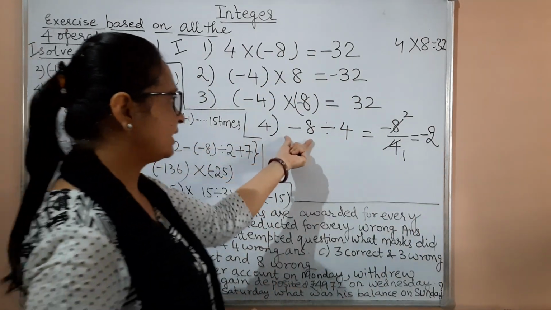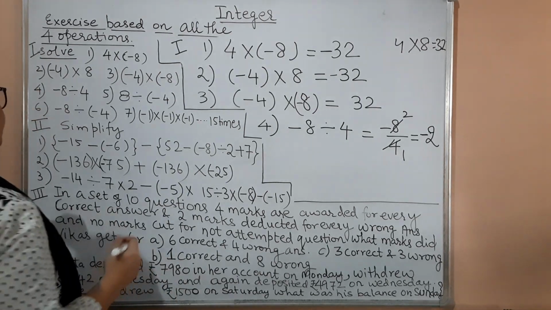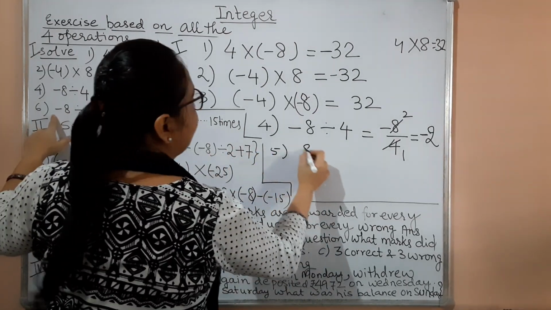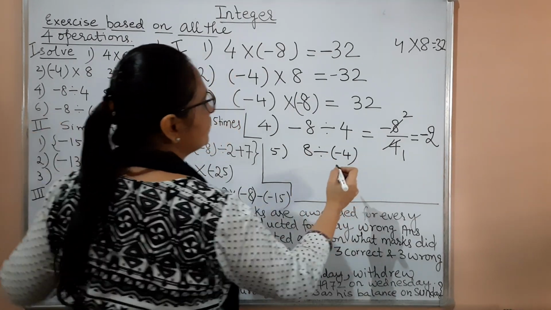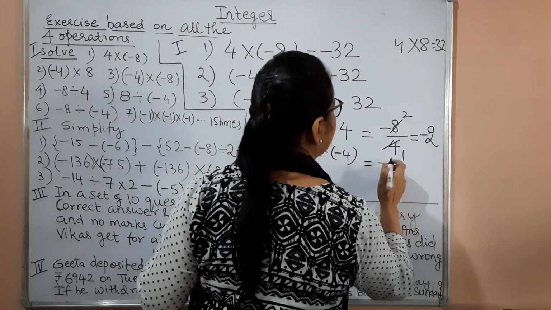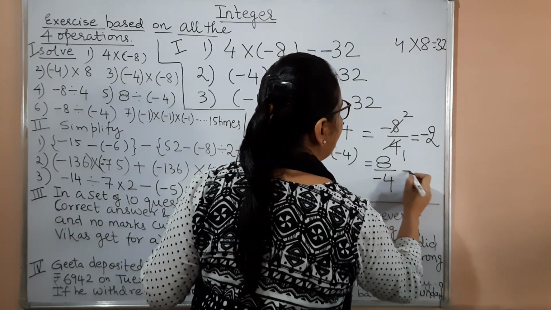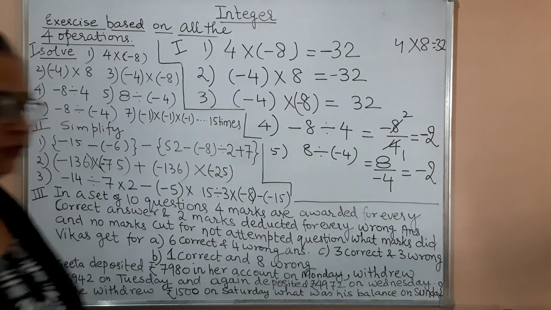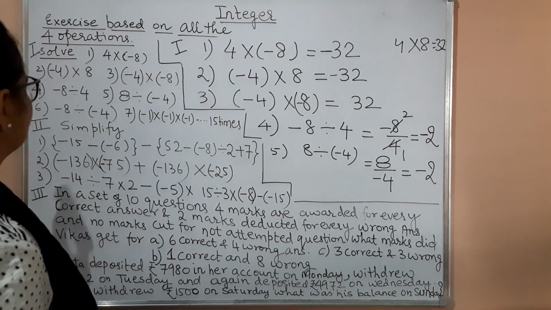If we have one negative and one positive, we have a negative result. Now the fifth one, 8 divided by minus 4. The result is the same. 8 divided by minus 4 also gives minus 2. One negative, one positive, the result is minus 2.